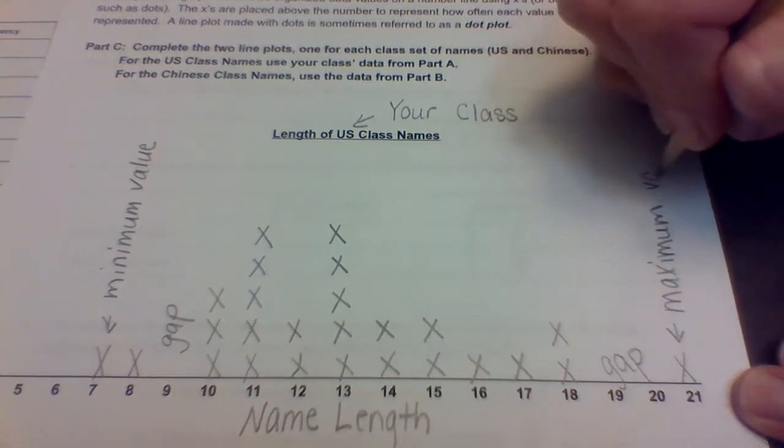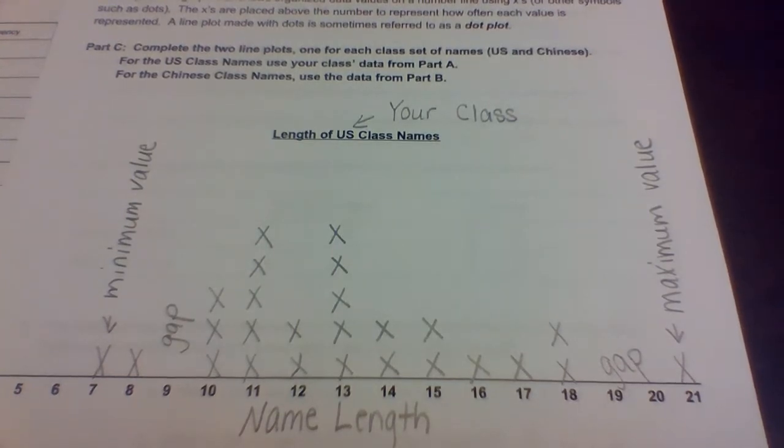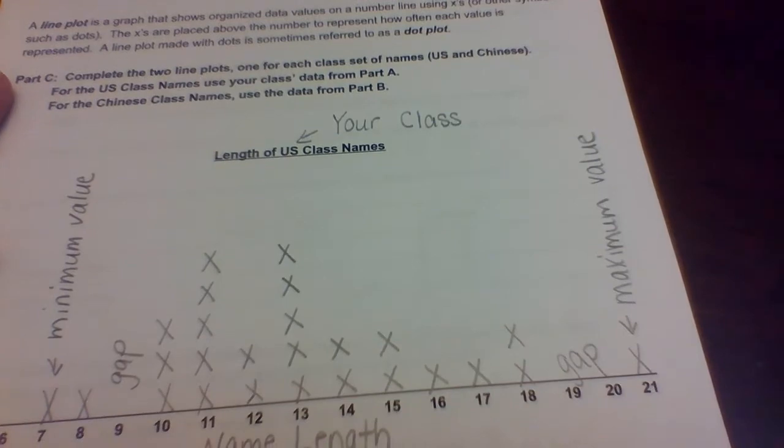So I'm going to make a note of that there. Okay, now I'm going to compare this information with the information that I have with my Chinese name lengths, and I've already completed that graph for you so that you can take a look at the difference between the two line plots.